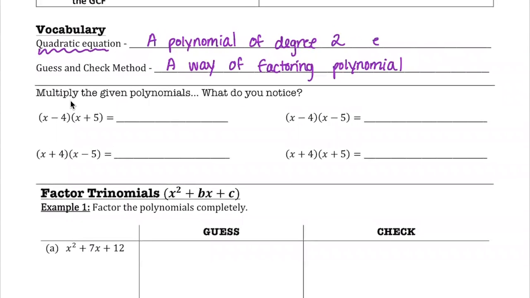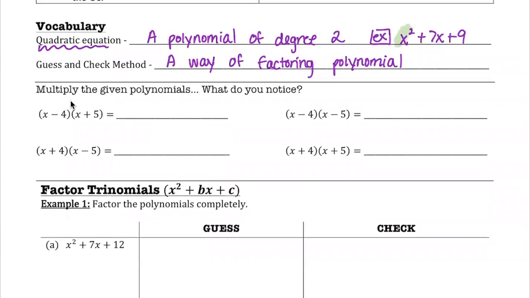Now, remember, guys, the degree of a polynomial is simply the highest exponent that we have in the problem. So if we look at the one that I have there, x squared, because 2 is the highest exponent, this one would have a degree of 2.